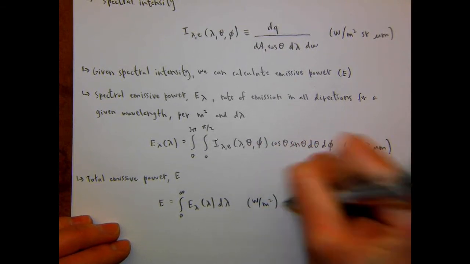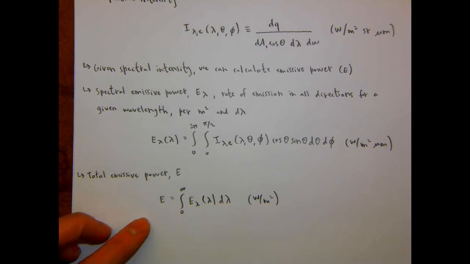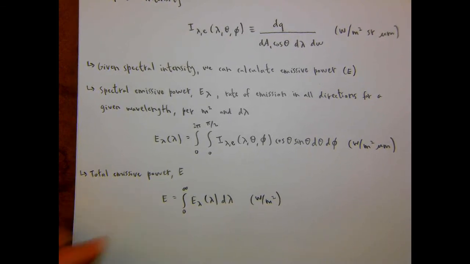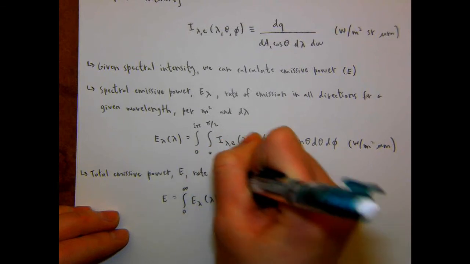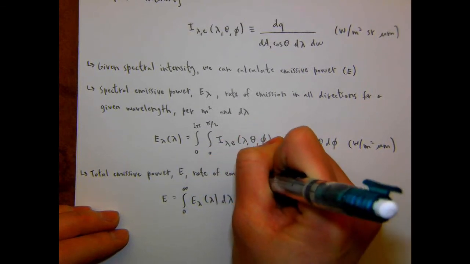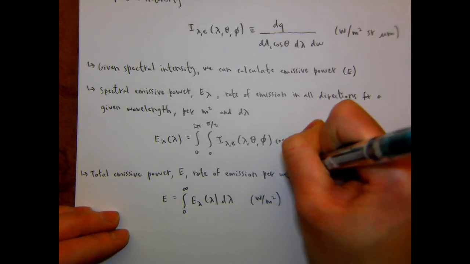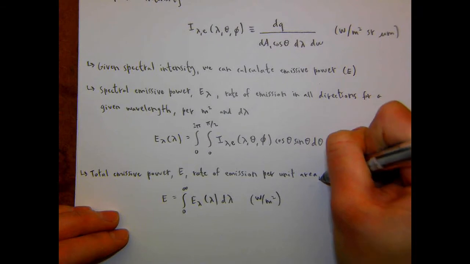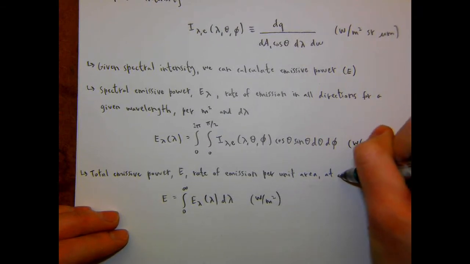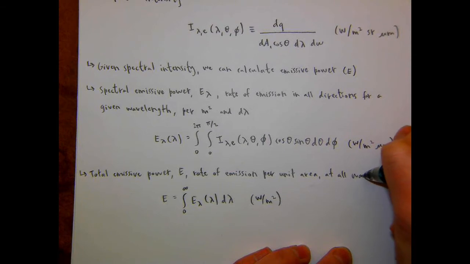And this leaves us with the total emissive power in watts per meter squared. So we'll say this is the rate of emission per unit area at all wavelengths and in all directions.